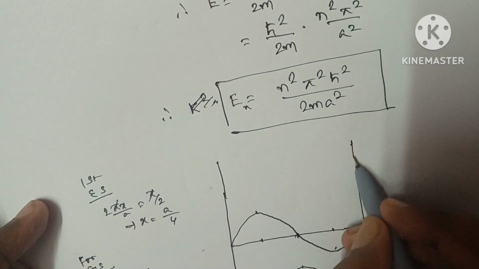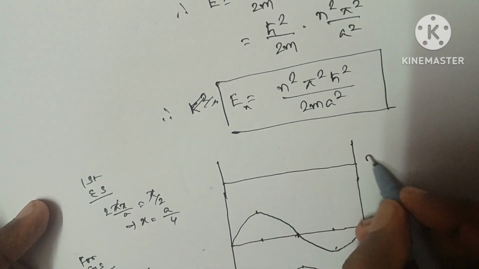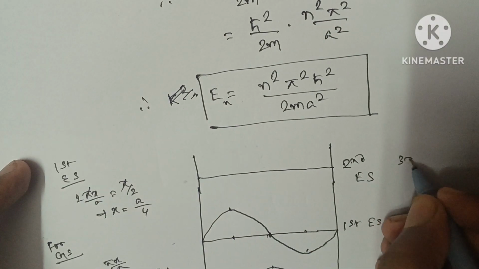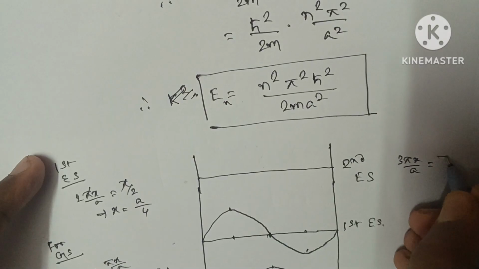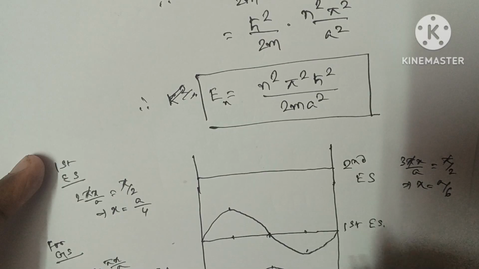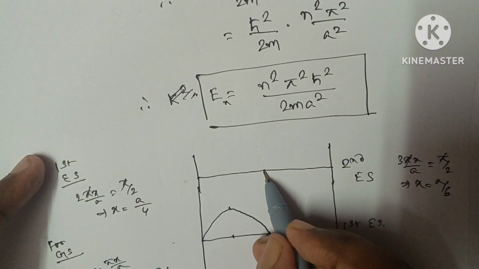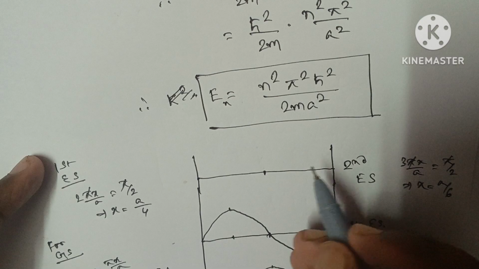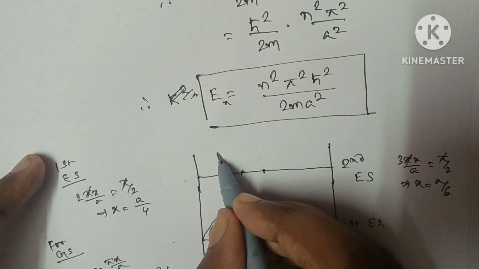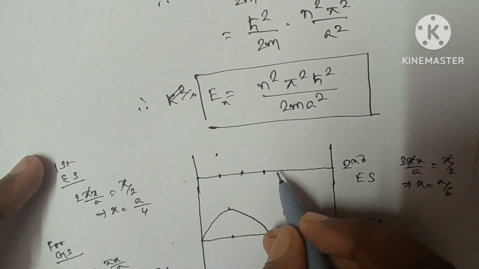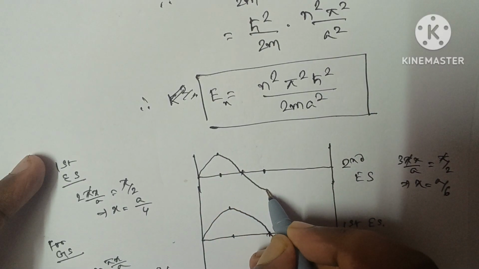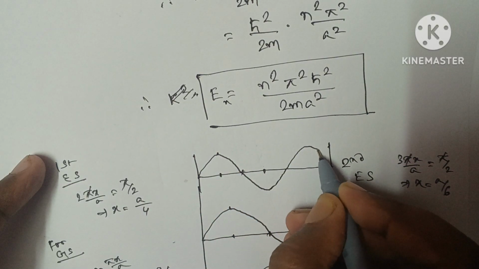And for the second excited state, 3 pi x by a equals pi by 2. So x would be a by 6. So it is a by 2, it is a by 6. So it will look like this. And so on.